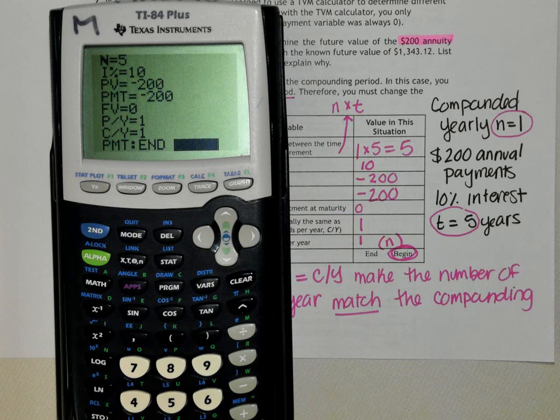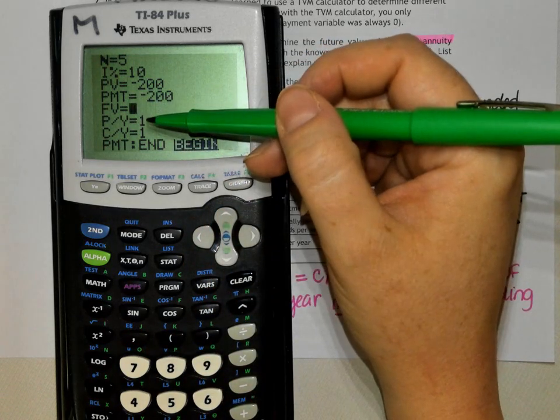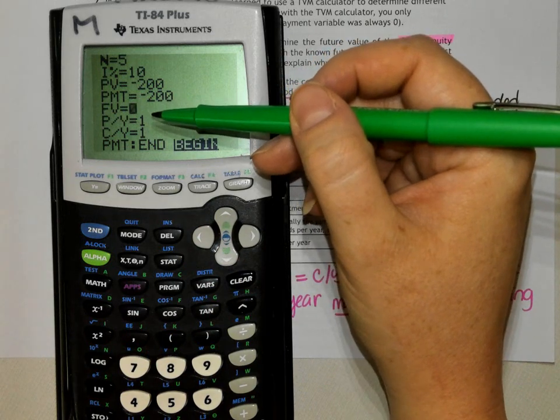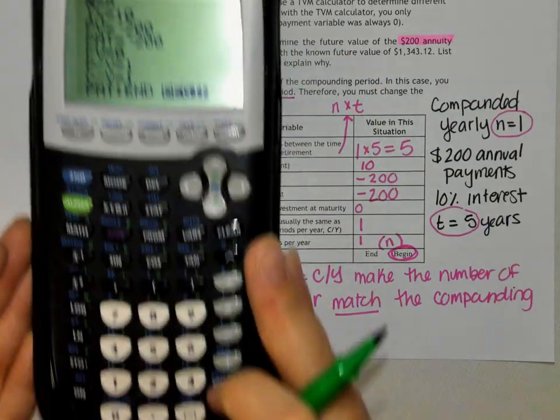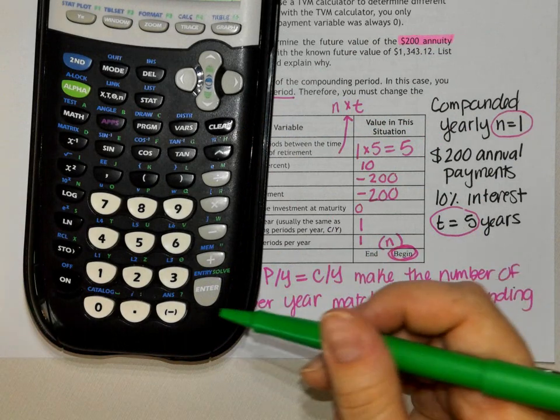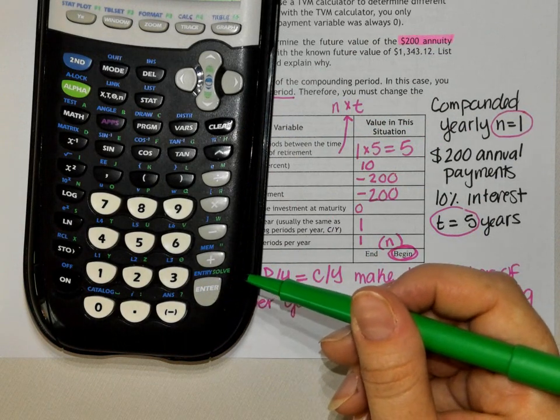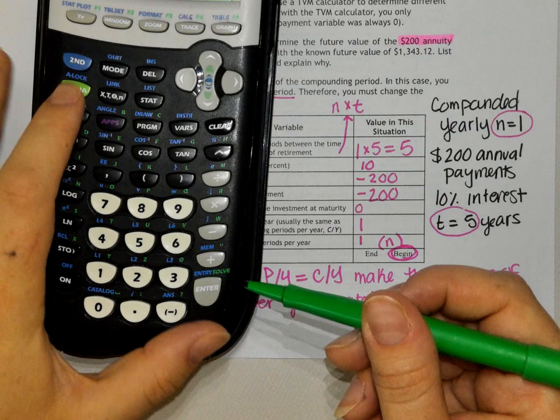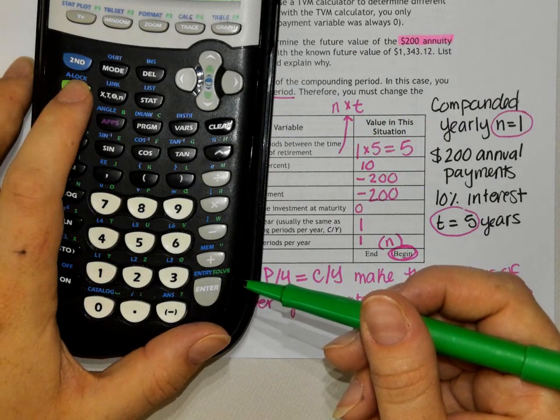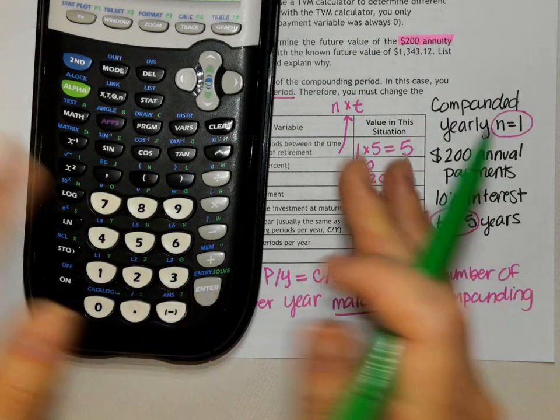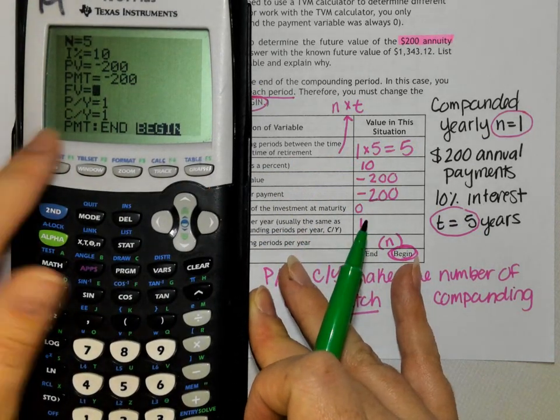To get your answer, if we want the future value, you go back up to the thing that you want, which is the FV. Notice that on your enter button, in green right above it, it says solve. So if you press alpha, the green button, and then enter, it will solve for this.